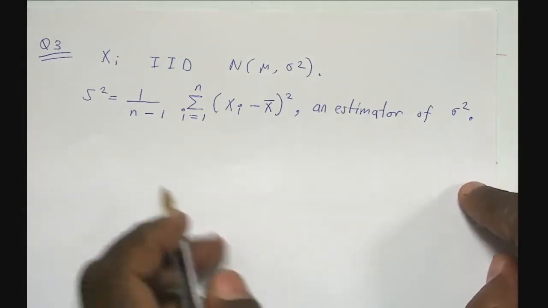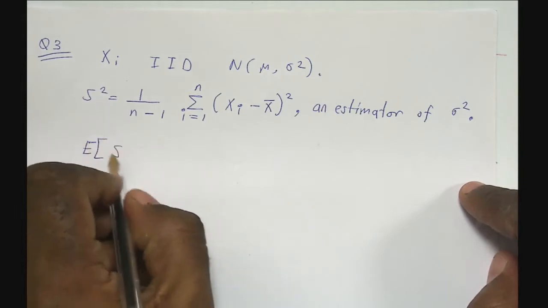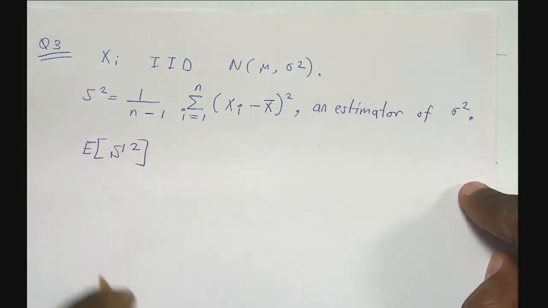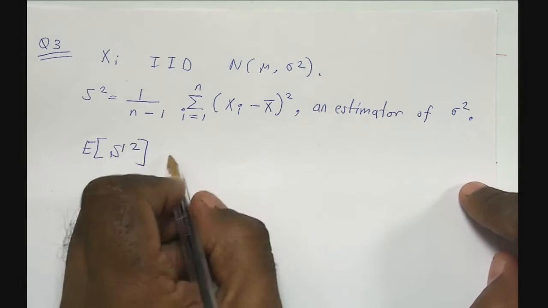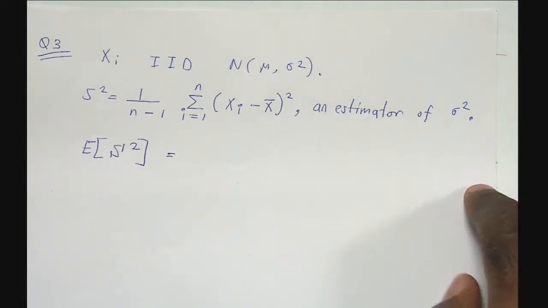The first part, they want you to find the expected value of s squared. As I said, you should try to use the hint if you can, otherwise things will be very difficult. You can do it without the hint, but it will be pretty lengthy.